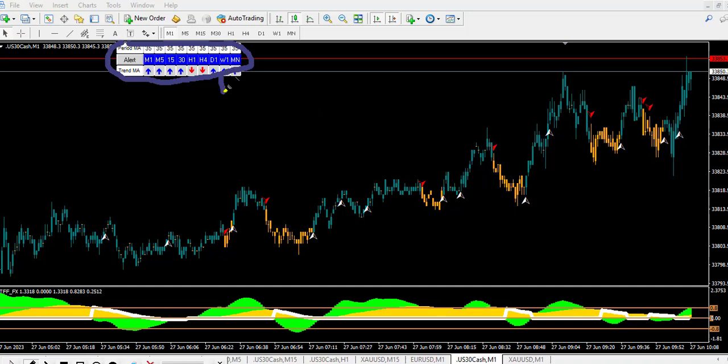Once you confirm from this indicator that most of the time frames are blue, or all of them are blue, then we will only consider scalping in the direction of this trend. That means we will only take buys.